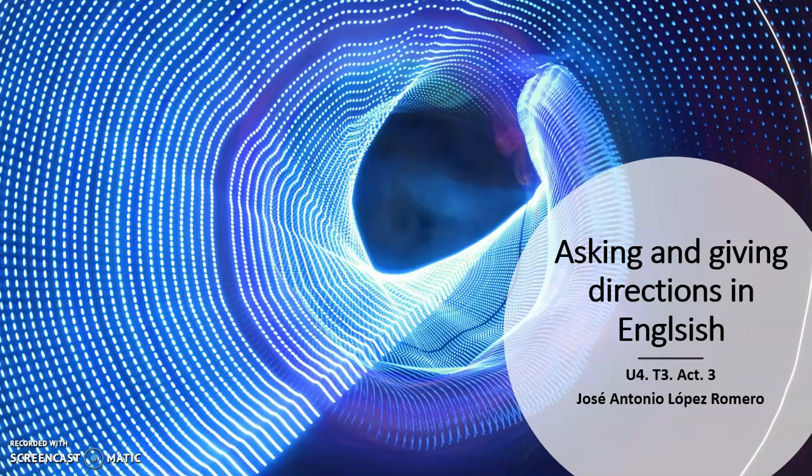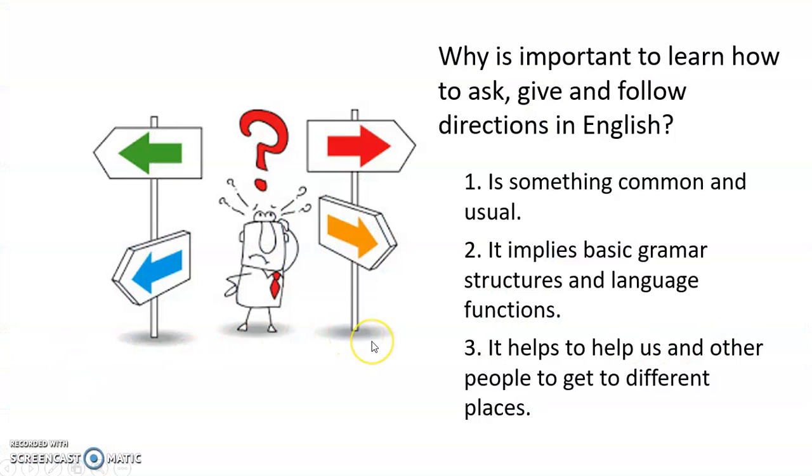Okay, so I'm going to ask you to think a little bit about the topic. Why do you think it is important for an English learner to learn how to ask, give, and follow directions in English? I know maybe you don't have the correct answer, or you think that you don't have the answer.